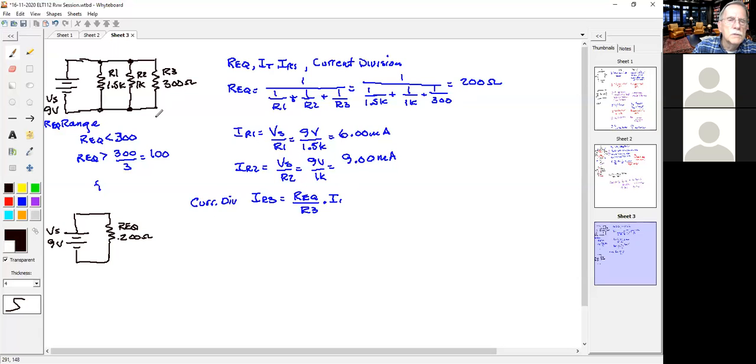Our 200 ohms does indeed fall between the 100 and 300, which we said was our range. So the IT is VS over REQ. That always works. So we have 9 volts divided by 200 ohms, which should be 45 milliamps.